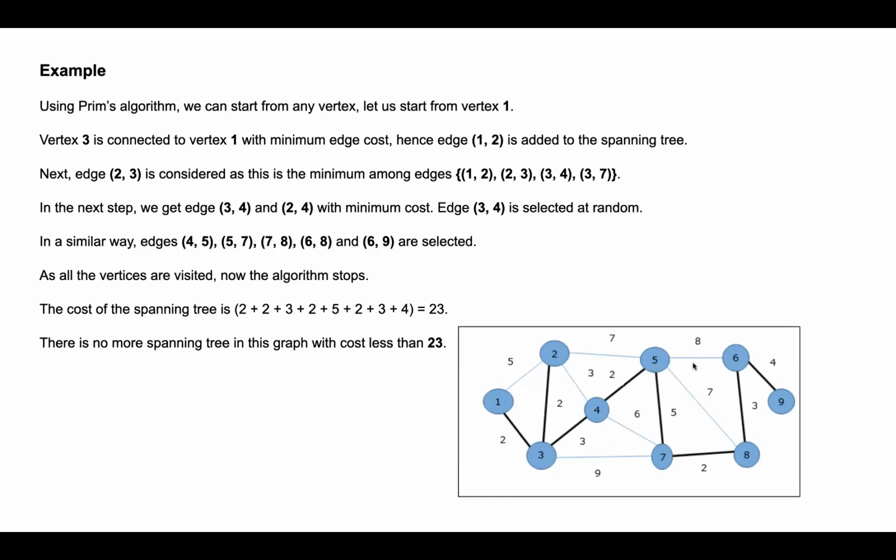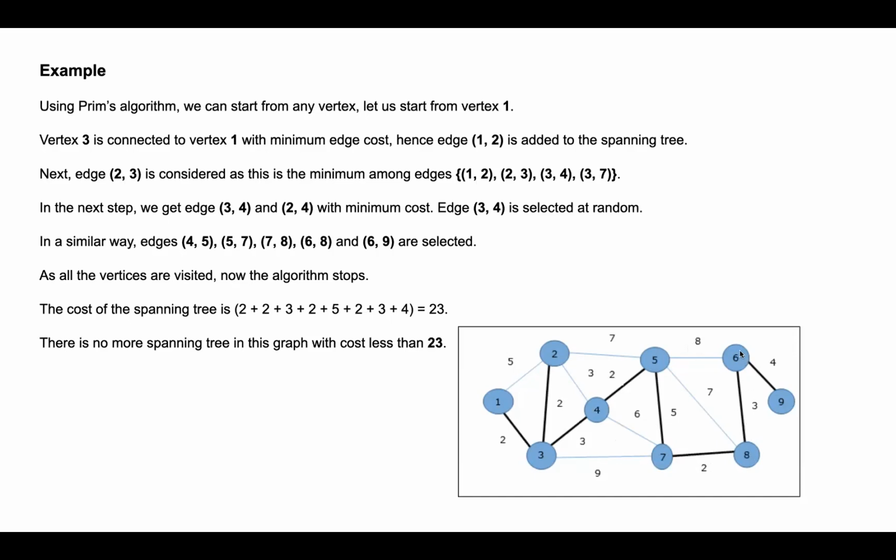And 5 to 6 is 8, which is maximum. But 5 to 7 is 5, which is minimum. So we went for 5 to 7. Then from 7 to 8, because it formed a cycle, and we had to visit this node. So from 7 to 8, it's a 2.